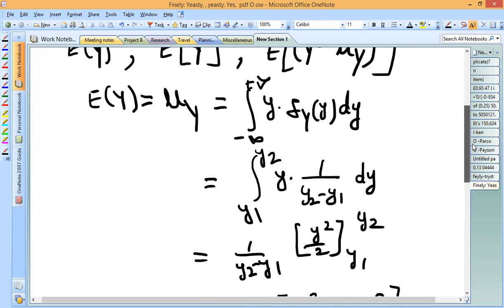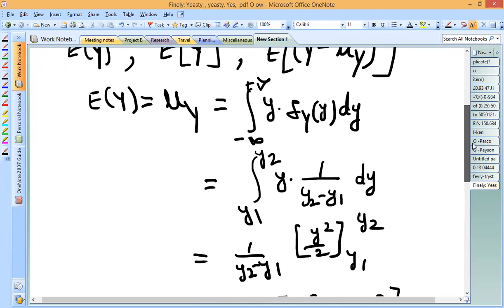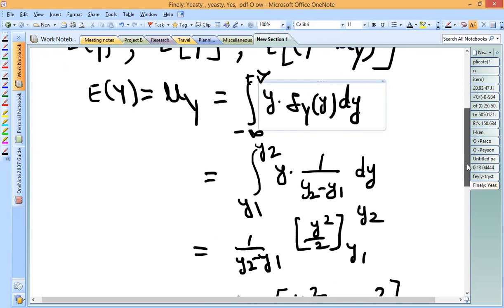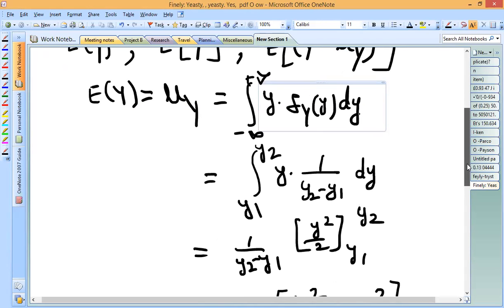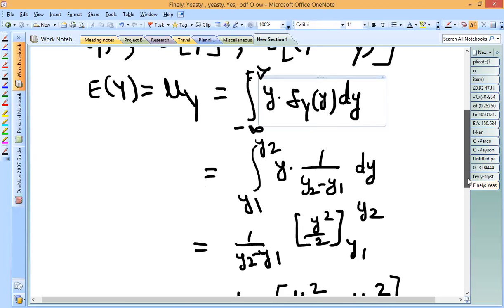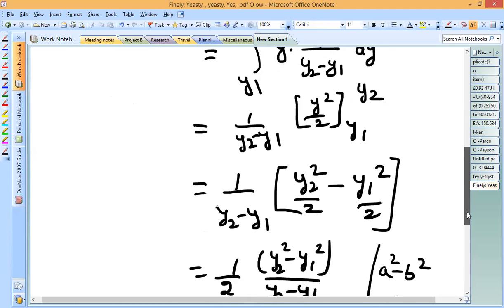Since it is a uniformly distributed random variable, you will go with the continuous random variable equations, not with the discrete summation. So here we'll go with the integral. The integral equation is y into fy of y dy. There we would have written x into fx of x into dx since we were given the random variable x. Now since we are expressing the random variable as y, you just use these steps.